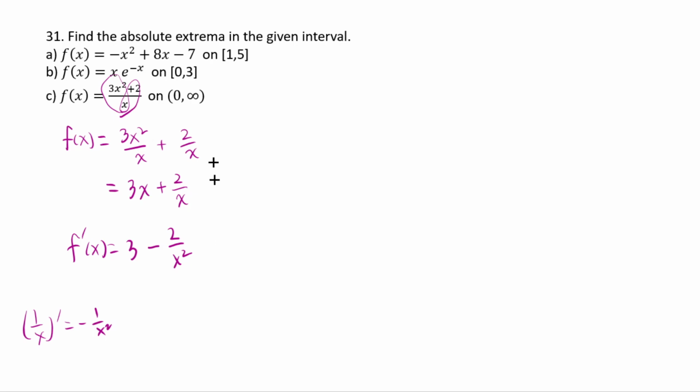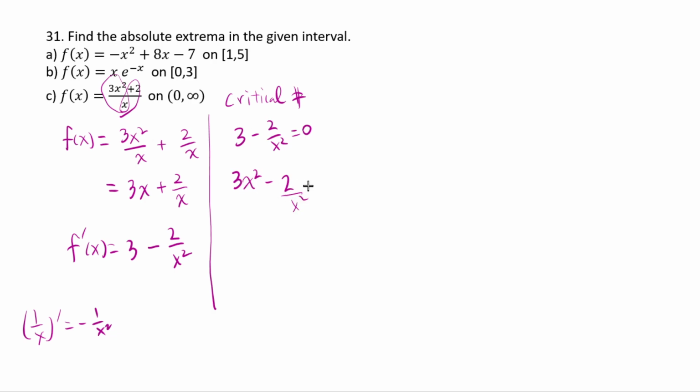Set that equal to 0. So the critical number would be happening when this is equal to 0. And I don't like fractions, so let's just multiply by x squared everywhere.